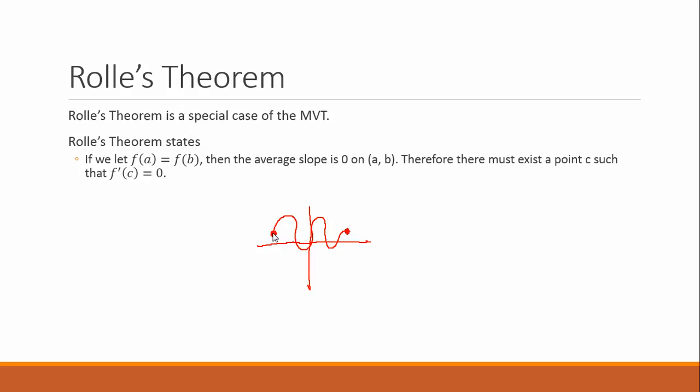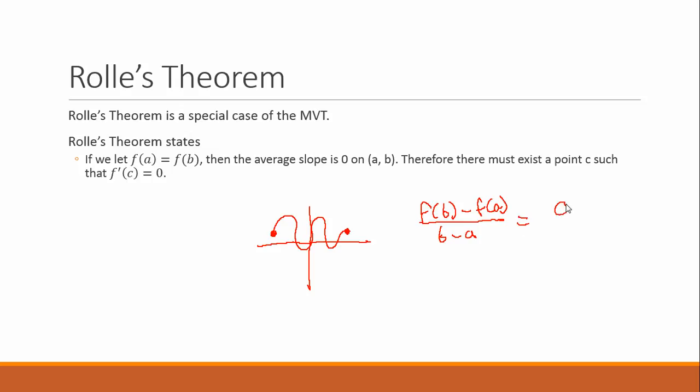This basically says that if these 2 points have the same f value, so basically the same y value, then the average slope between these 2 points is 0, because remember, f of B minus f of A over B minus A is our average slope. But if f of B and f of A are the same thing, like 5 minus 5 or 7 minus 7, it's going to be equal to 0.